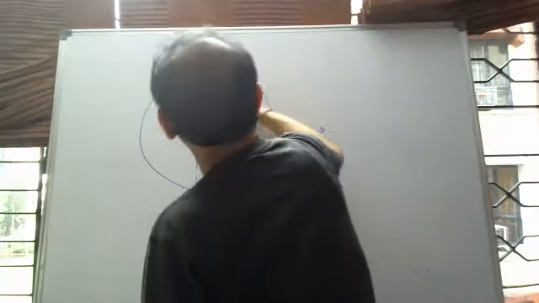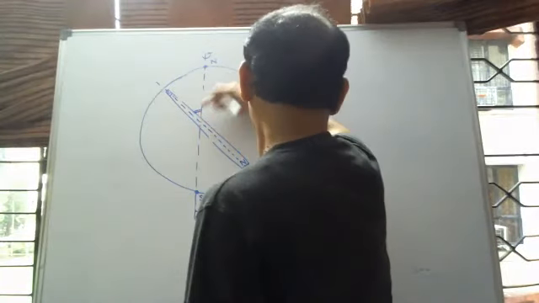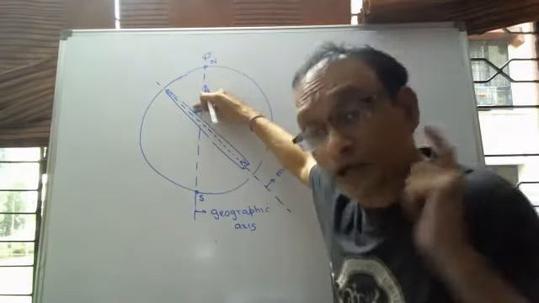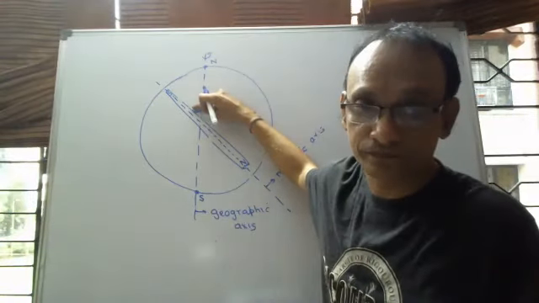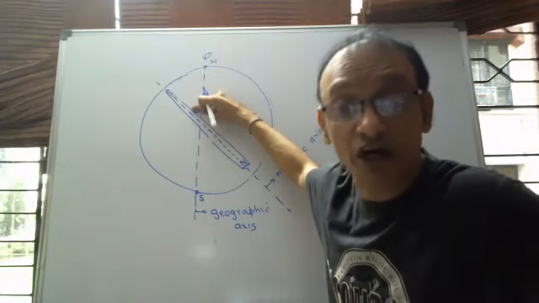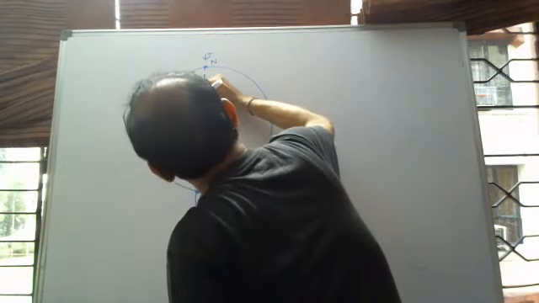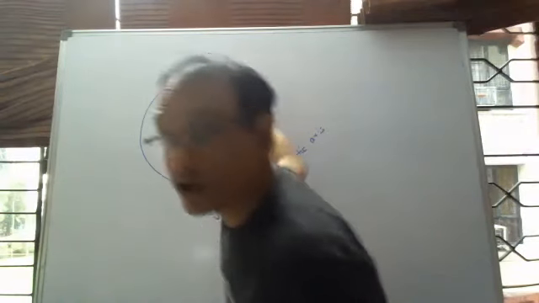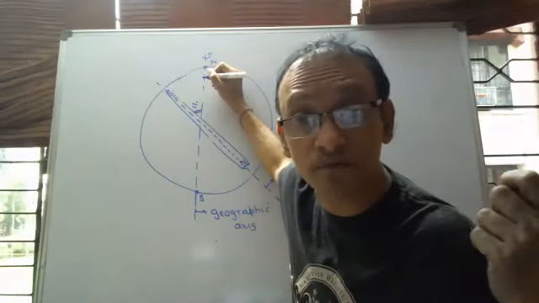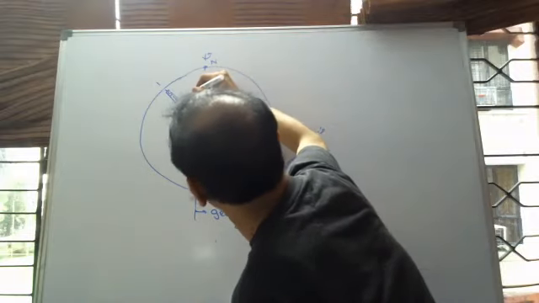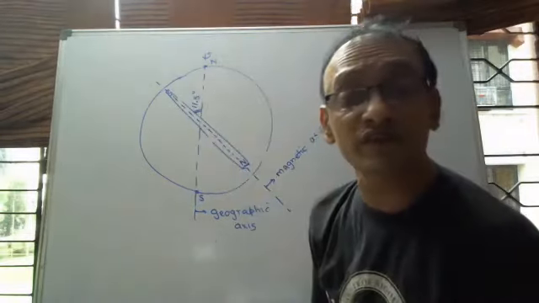This angle between the magnetic axis and the geographic axis does not remain constant. It varies with time. As of now, it's roughly 11.5 degrees.